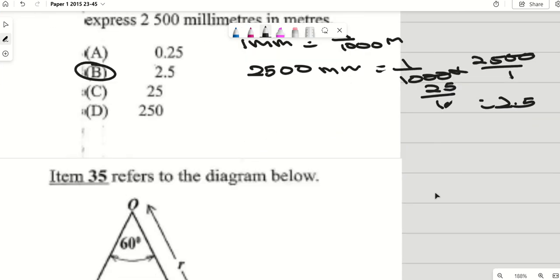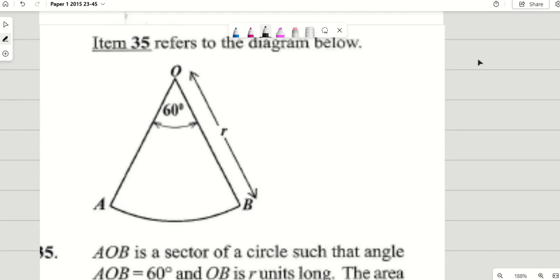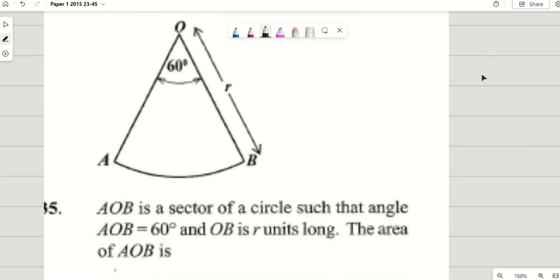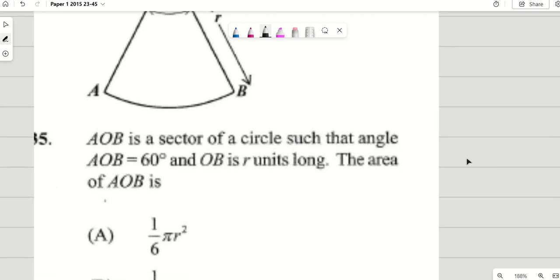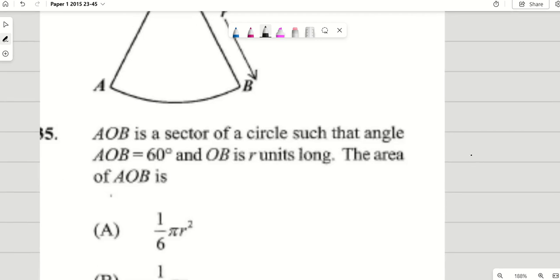Right, this question, item 25, refers to the diagram below. AOB is a sector of a circle such that the angle is 60 and OB is R units long. The area of AOB is, now, this is the area of a sector.